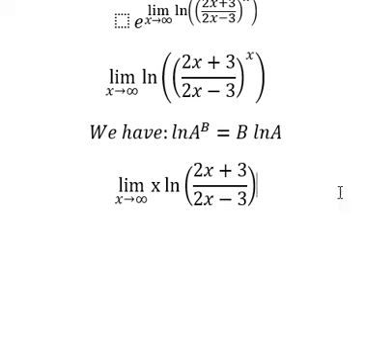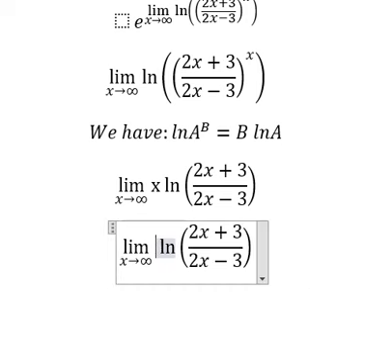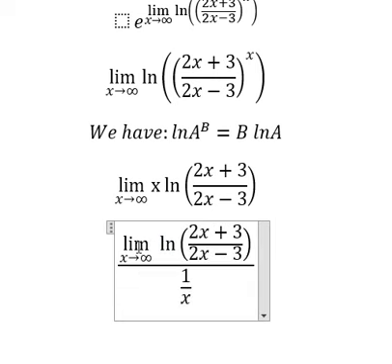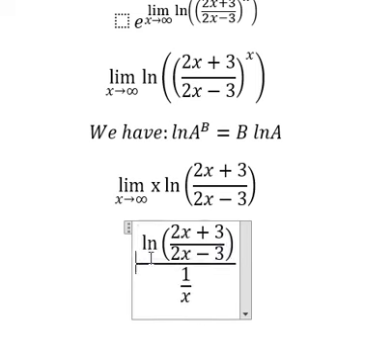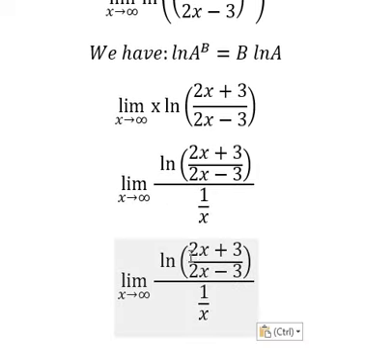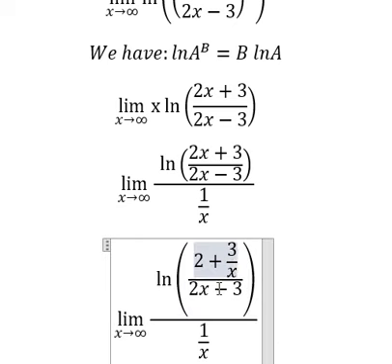So we put s go like this. Next, we divide by s on numerator and the denominator.